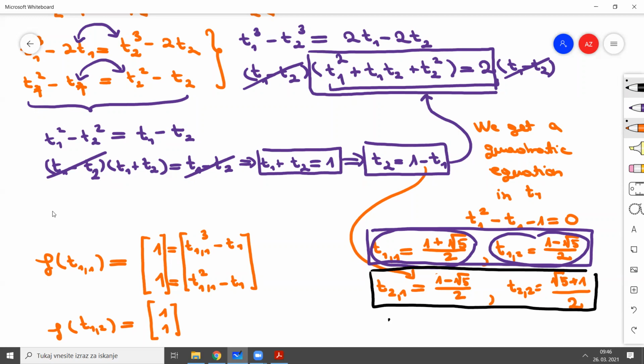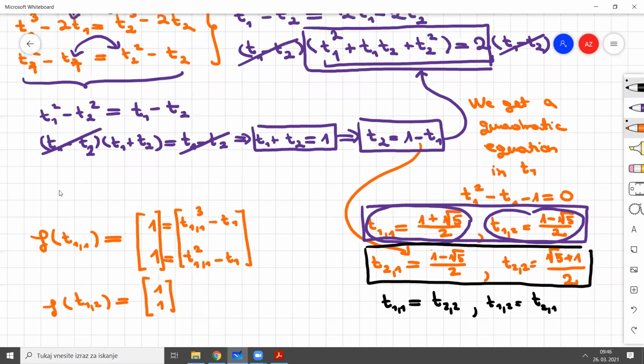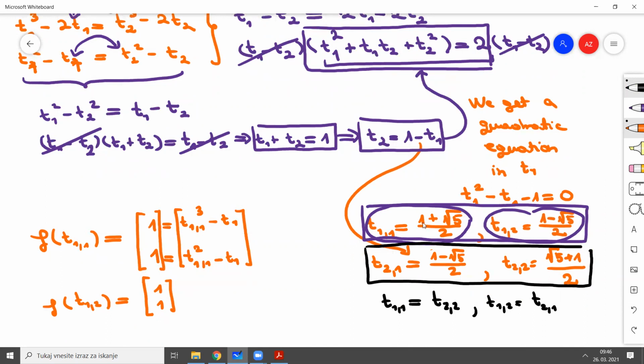So T1,1 is equal to T2,2, and T1,2 is equal to T2,1. So in fact, only one is important because the other one is only given in the other order.